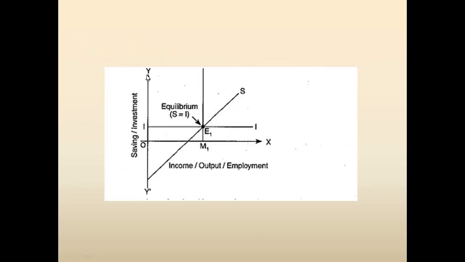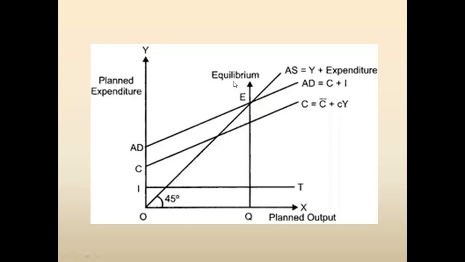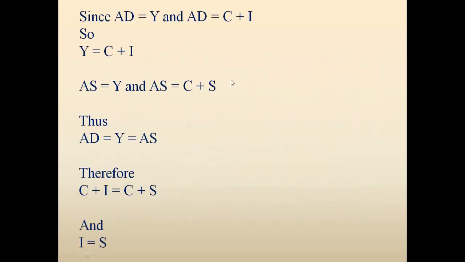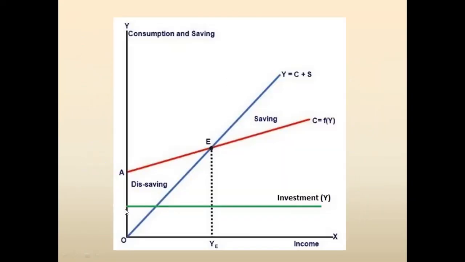And okay, we can try to understand from this graph. Initially the saving will be negative, that is your dis-saving. We already know that part, right? And as your saving increases, it becomes positive, right? And we already know that there is a case of the autonomous investment, right?